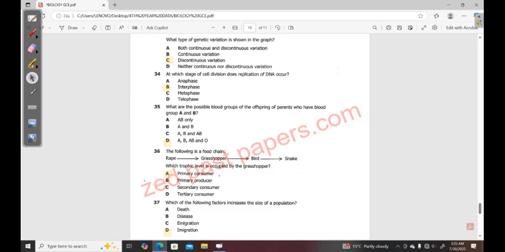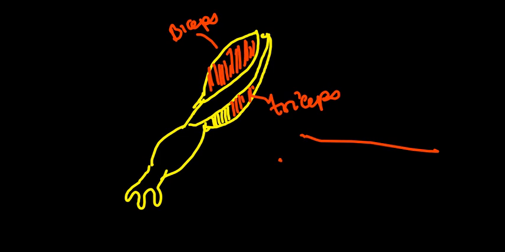Okay, let's go to another page. So for instance, if this is your interphase in the cell cycle, interphase has many phases within itself.